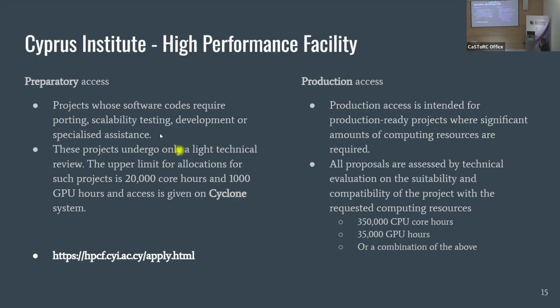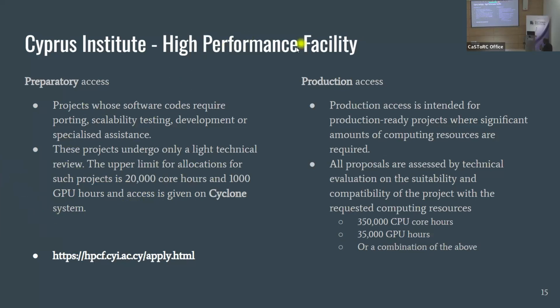We can also offer some assistance with that. And they undergo a light technical review. So just don't apply to mine Bitcoin and you're probably going to get accepted. There's an upper limit of 20,000 CPU core hours and 1,000 GPU hours on this access route.